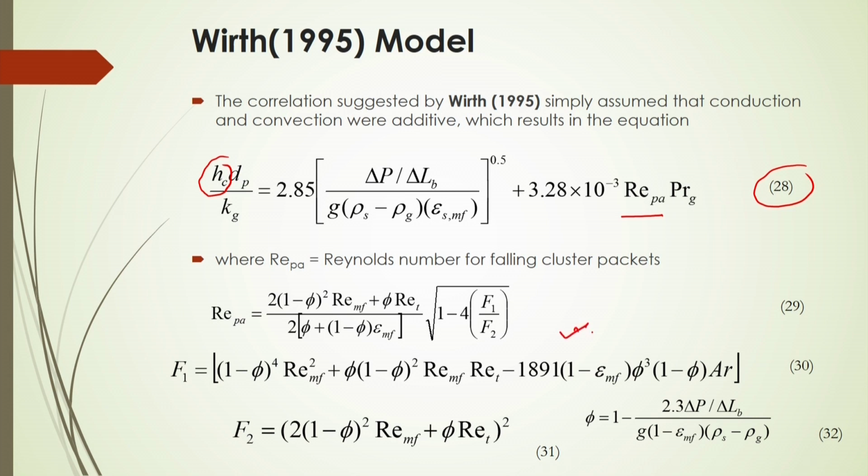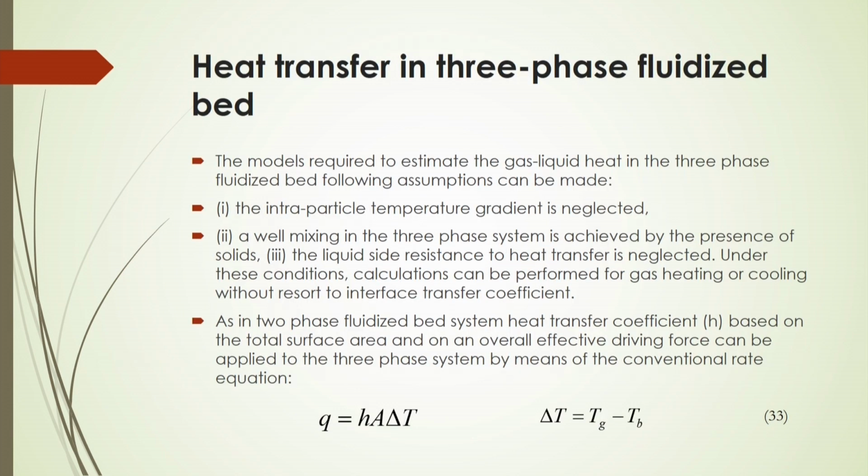This equation is a function of some factors f1 and f2, which are expressed by equations 30 and 31. Another important factor, phi, is defined by equation 32. So, for the fast fluidized bed, we can calculate the convective heat transfer coefficient by equation 28.